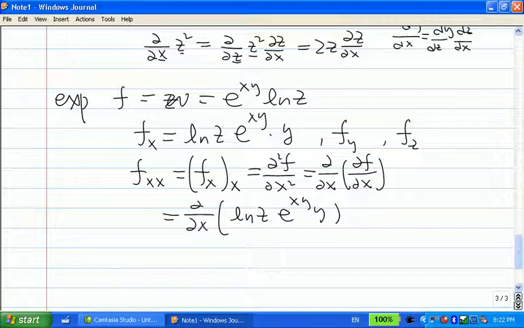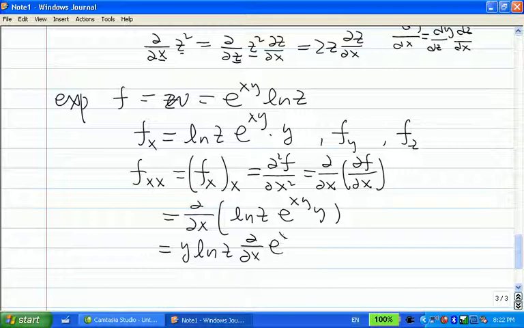How do we take a partial derivative with respect to x? You treat y and z as constants. It's simple. So ln z and y are constants. Put that out: y ln z. What you really need to do is take the partial derivative with respect to x on the term with x only.